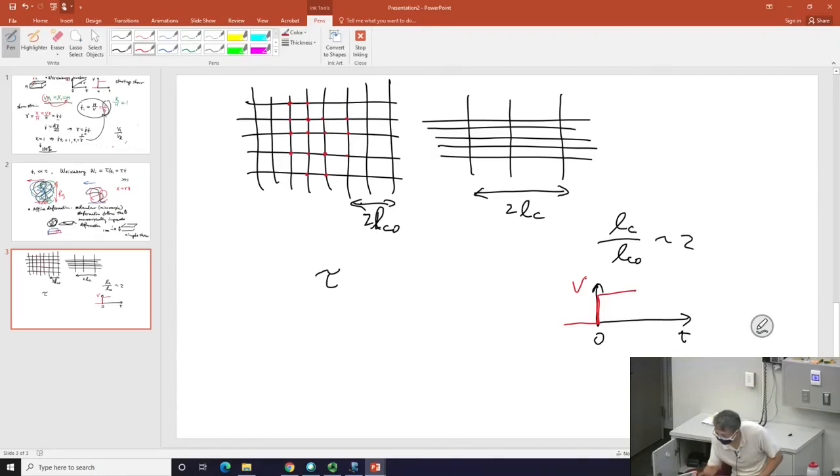Let's say your tau is here on that scale starting from 0. Then, of course, as long as your t is still far from tau, what happens? You know that. Well, as long as that is the case, the molecule hasn't moved much, for sure.